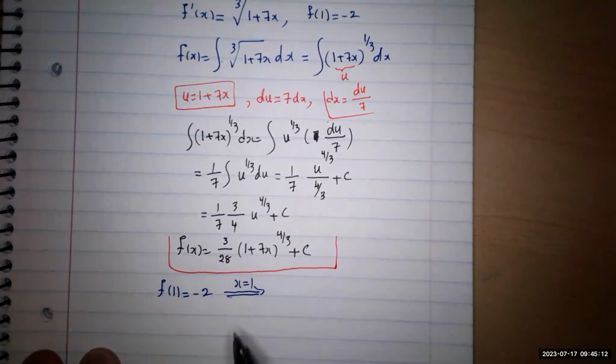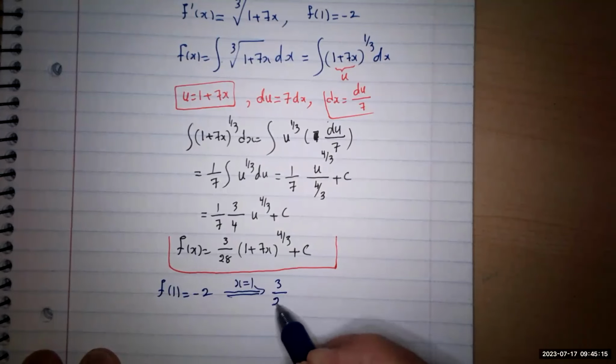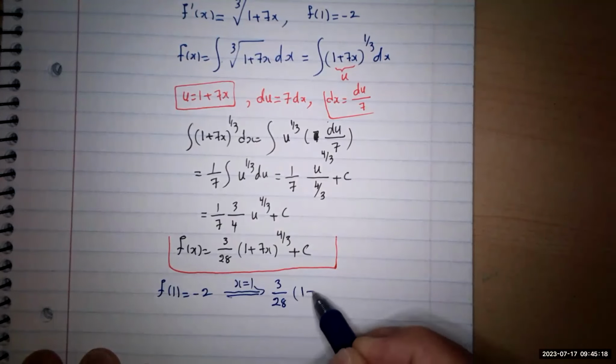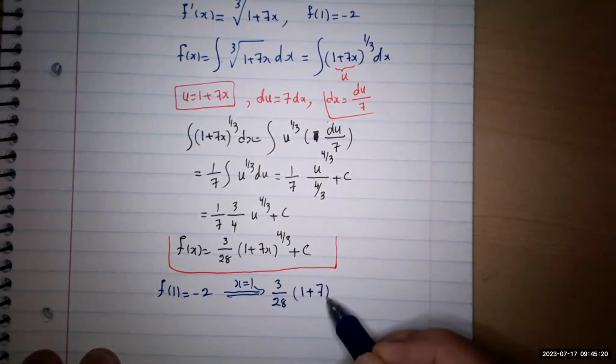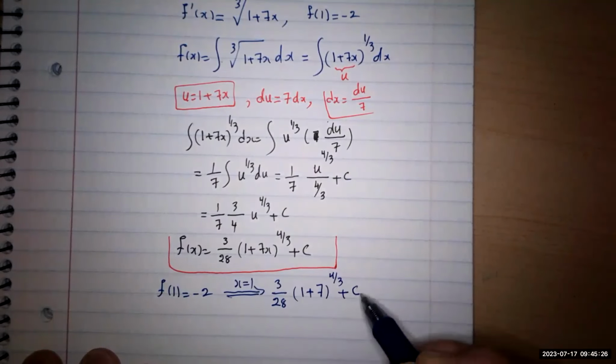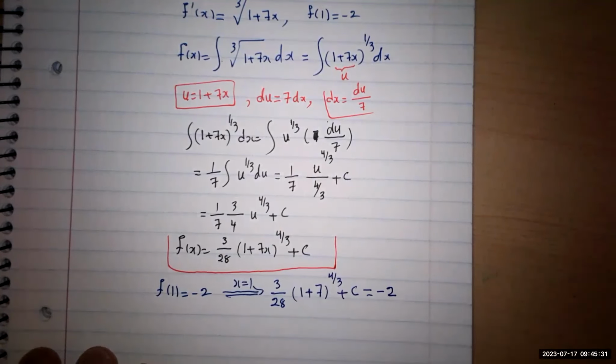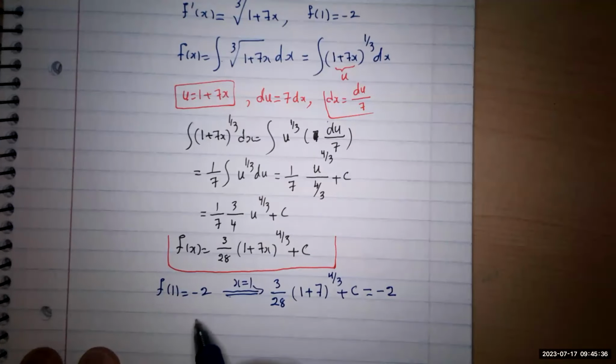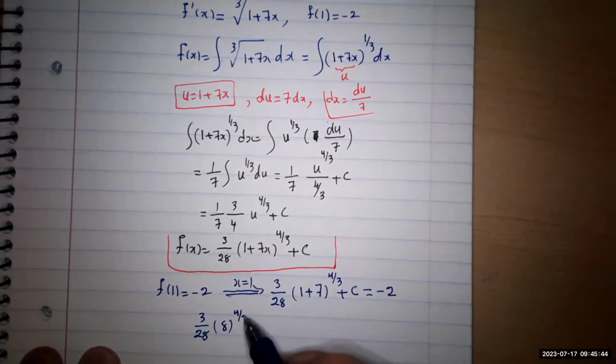You substitute here, so that's going to be 3 over 28 times (1 plus 7) to the 4/3, plus the constant c, which is equal to -2. The inside, 1 and 7, would be 8. So that gives 3 over 28 times 8 to the 4/3, plus the constant c, which is equal to -2.